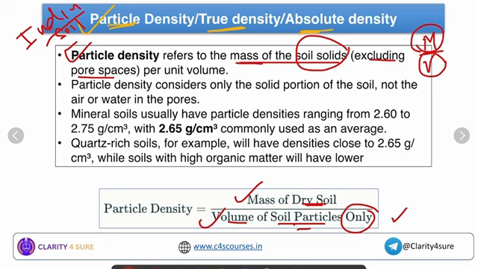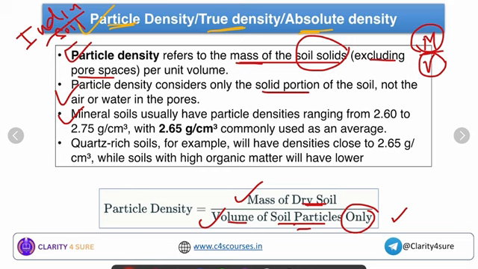So particle density considers only the solid portion of the soil and not the air or water in the pores. I guess it is clear.